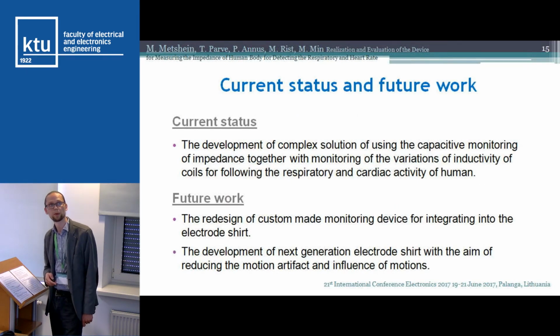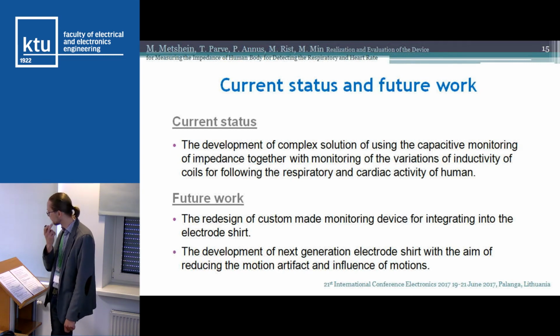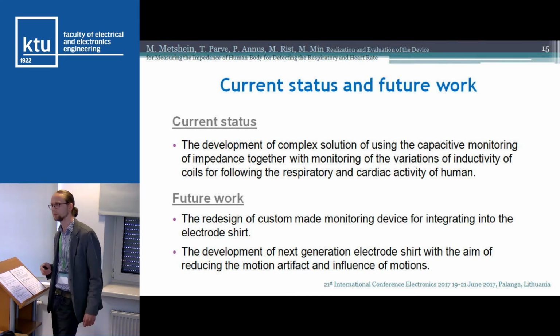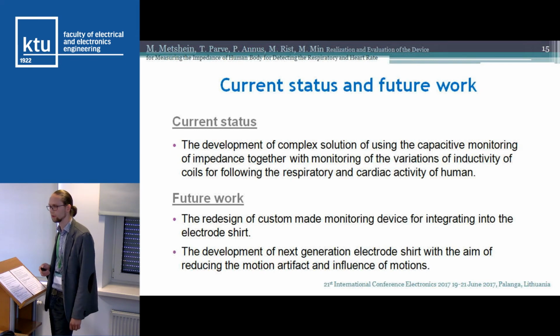So a bit about the current work and the future status. We are focusing on the complex solution as the motion artifact, which we are not considering in this study, has an enormous effect.